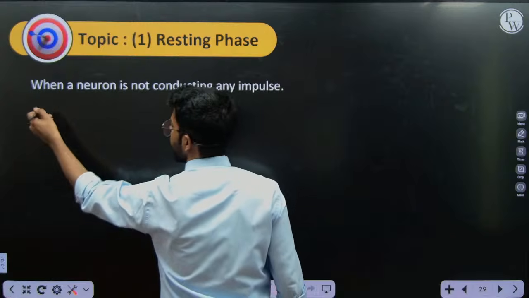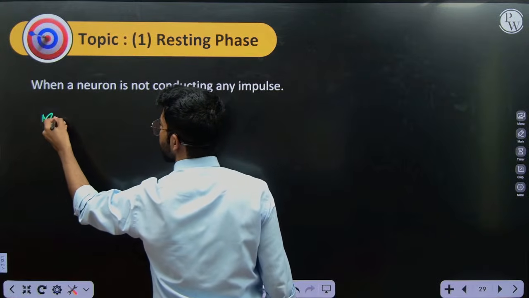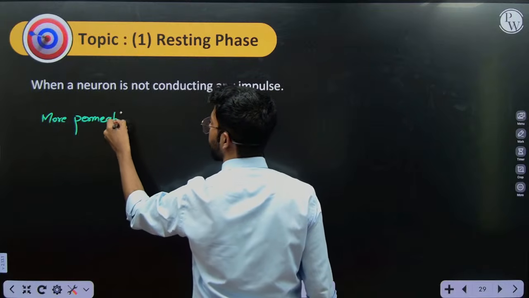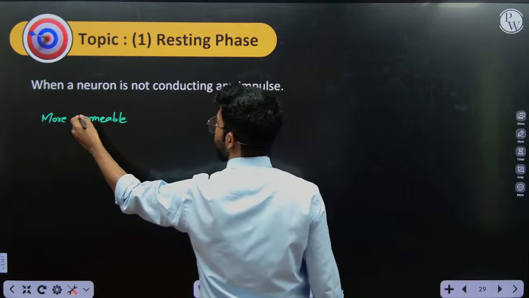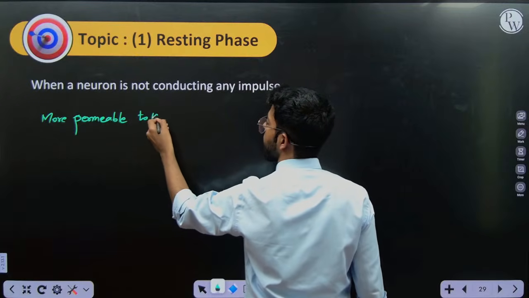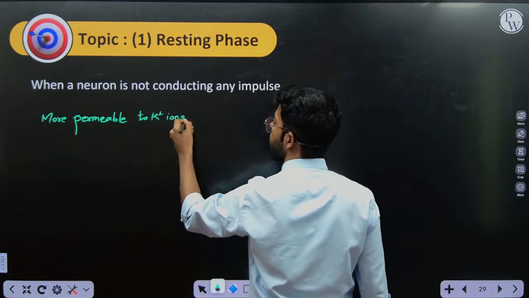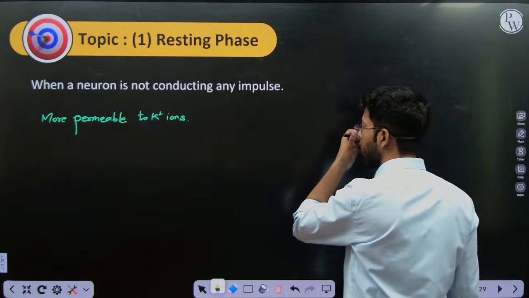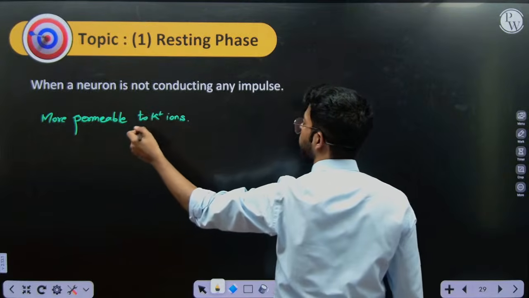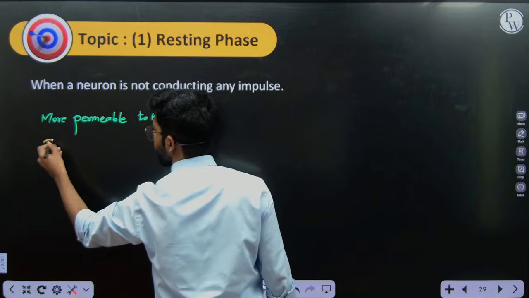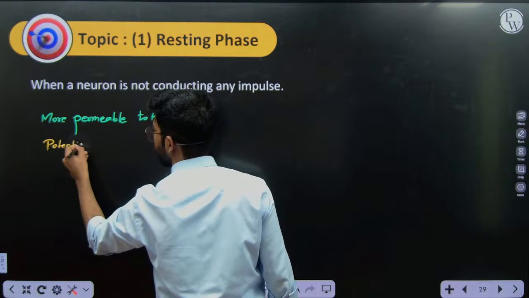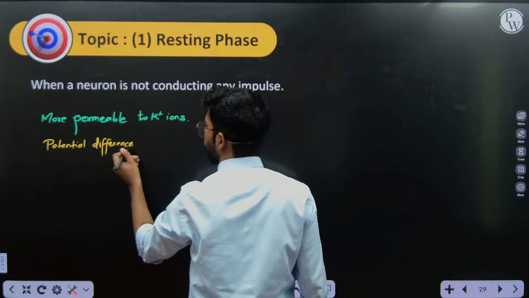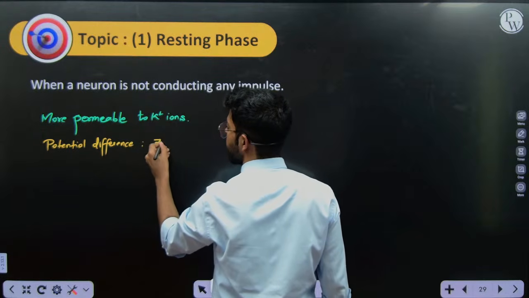The plasma membrane is more permeable to potassium ions, and the potential difference is minus 70 millivolt.